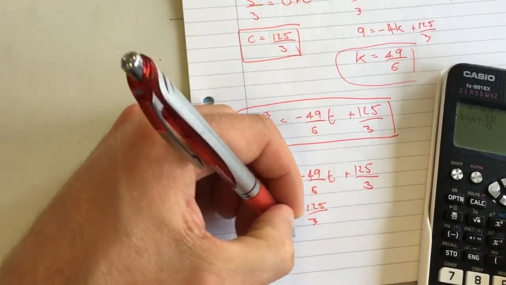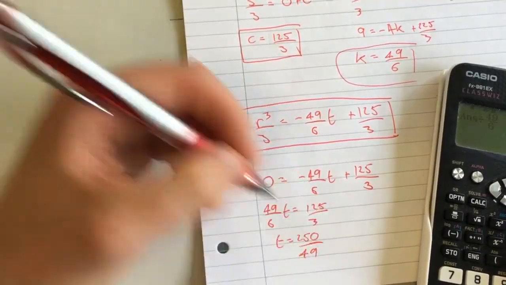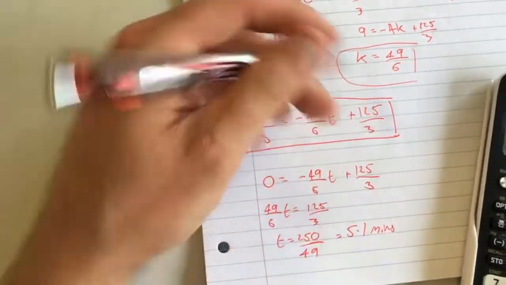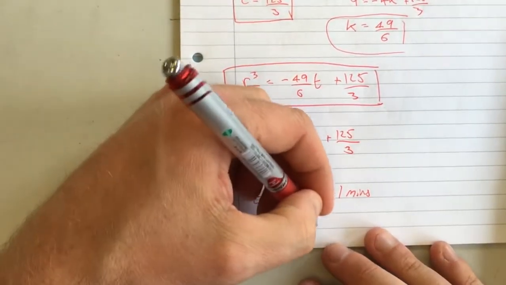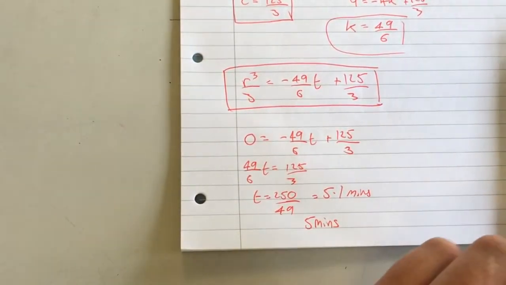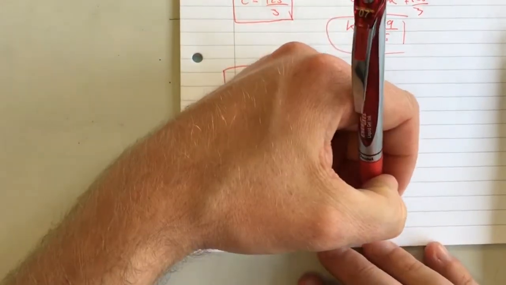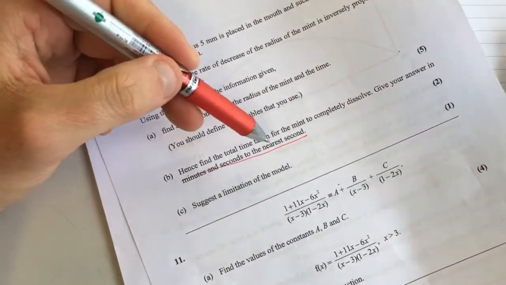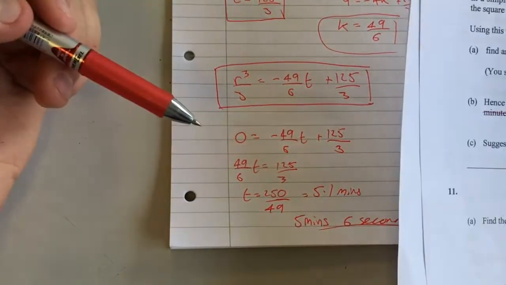So we get t is 250 over 49. Now that is minutes, so we've got 5.1 minutes. So in other words, it's 5 minutes and 0.1 times 60, which is 6 seconds. You do need to give it in that form. It does say minutes and seconds to the nearest second.